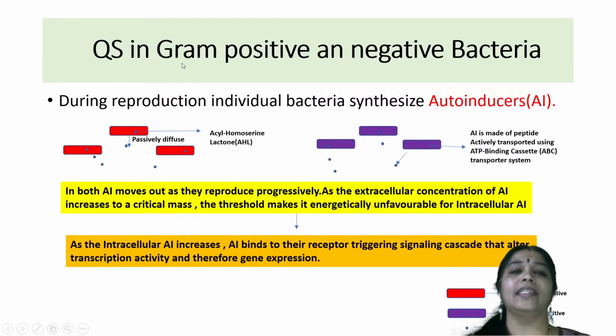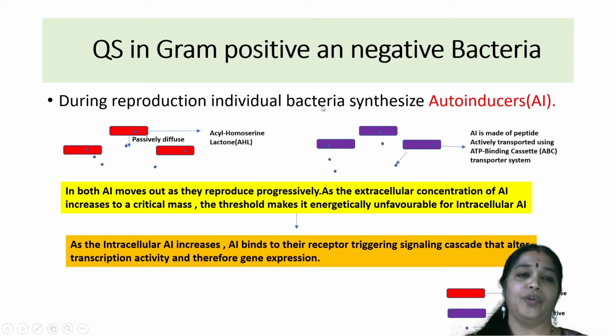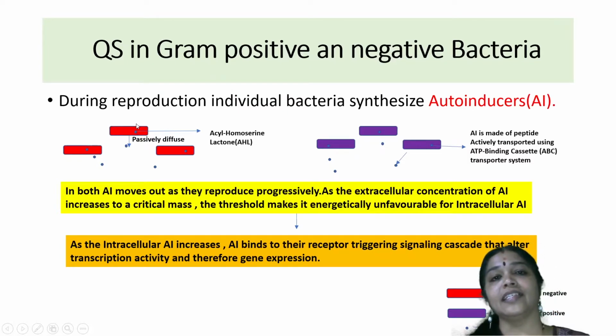Now, quorum sensing in gram-positive and gram-negative bacteria. During reproduction, individual bacteria synthesize autoinducers. I have shown you here, this is gram-negative bacteria and here it is gram-positive bacteria. In gram-negative bacteria, the autoinducer that is synthesized will move out passively, and it is acyl homoserine lactone, abbreviated as AHL.